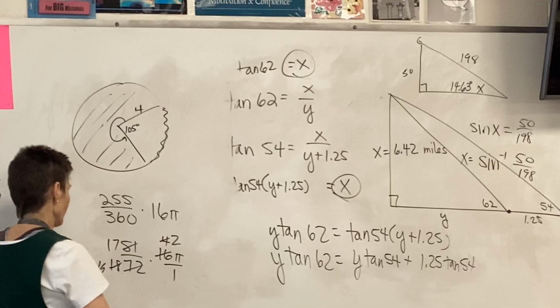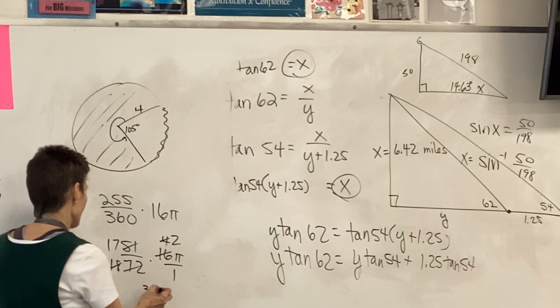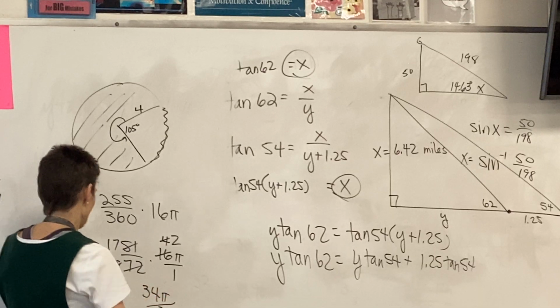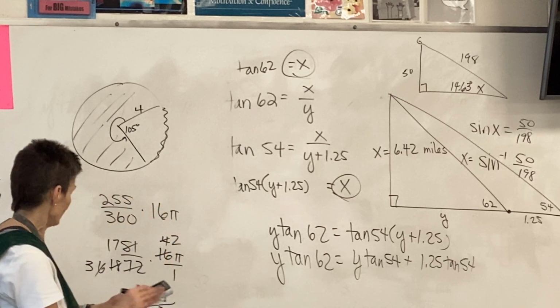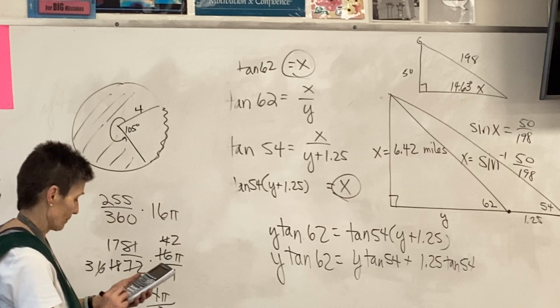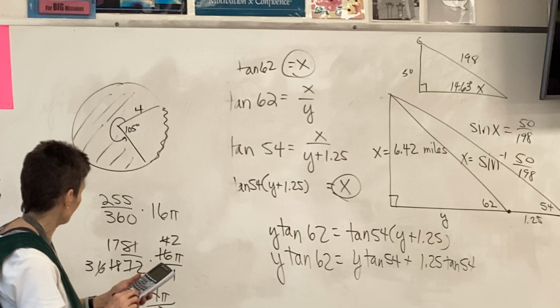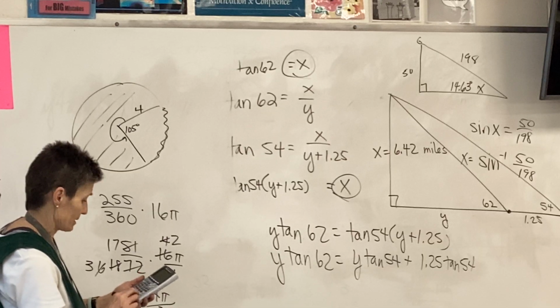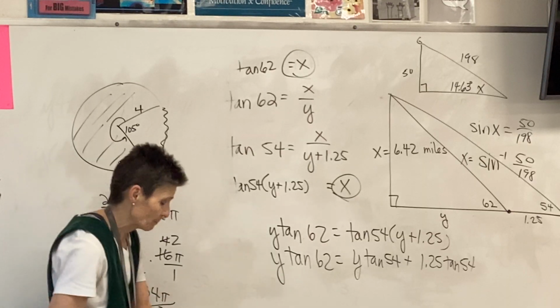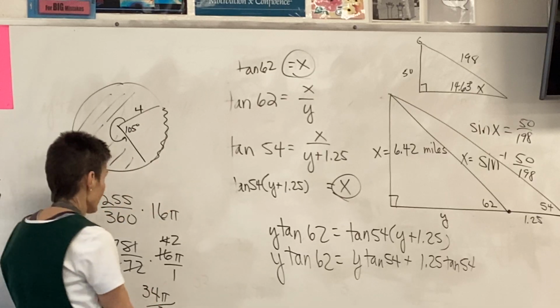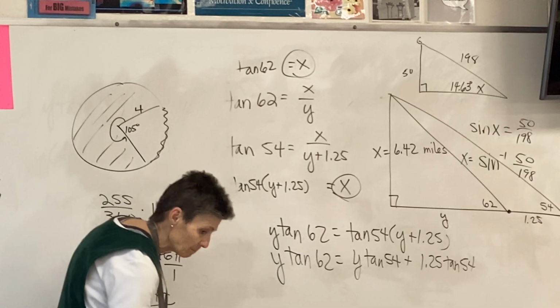I'm getting 34 pi over 3. I'm gonna double check that on my calculator. Yep, 34 thirds. So that's the area, so that would be square centimeters.